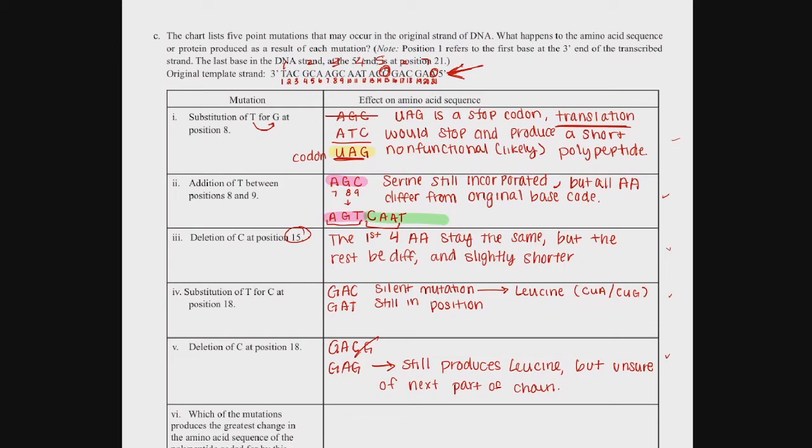But all of this is saying with the answer is that from up here, because we're talking about this position, it's just saying we don't really know what the amino acid sequence would be because we don't know the rest of it. But yeah, you're right. It does delete it, and it makes the length shorter of the DNA.